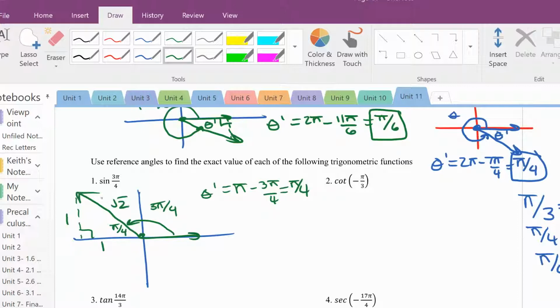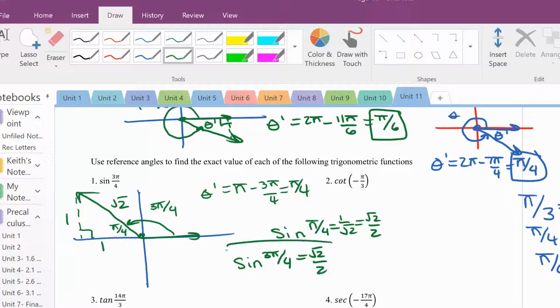And remember, in the second quadrant, the sine is positive, so the sine of pi over 4 is 1 over rad 2, which is rad 2 over 2. And in the second quadrant, because the sine is positive, the sine of 3 pi over 4 is going to stay rad 2 over 2. There you go.